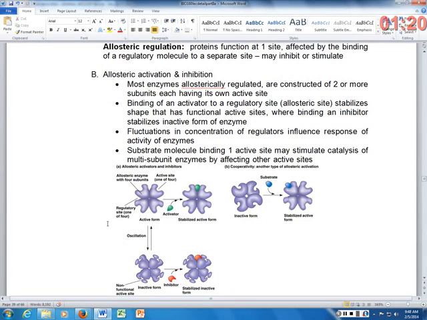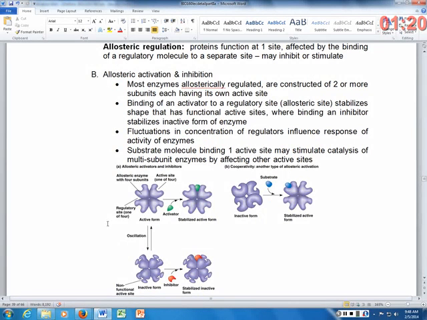So if you bind an activator to the regulatory site, it stabilizes the shape so that you can actually use the active site. You can have fluctuations in the concentrations of the regulators that will influence the response of enzyme activity.